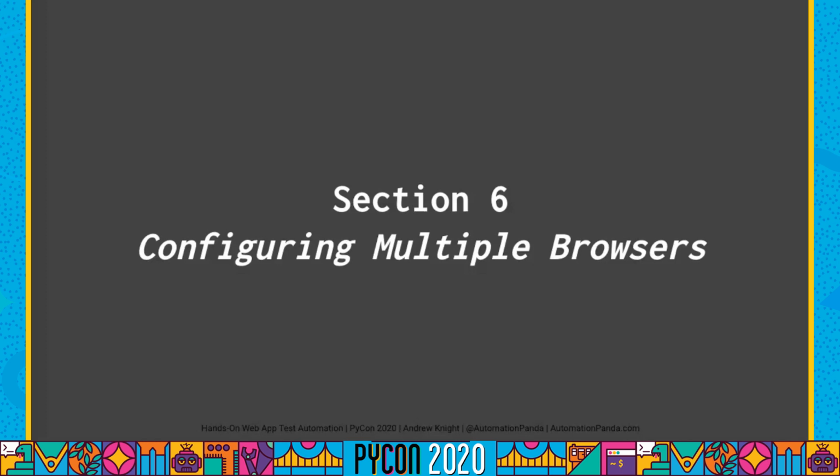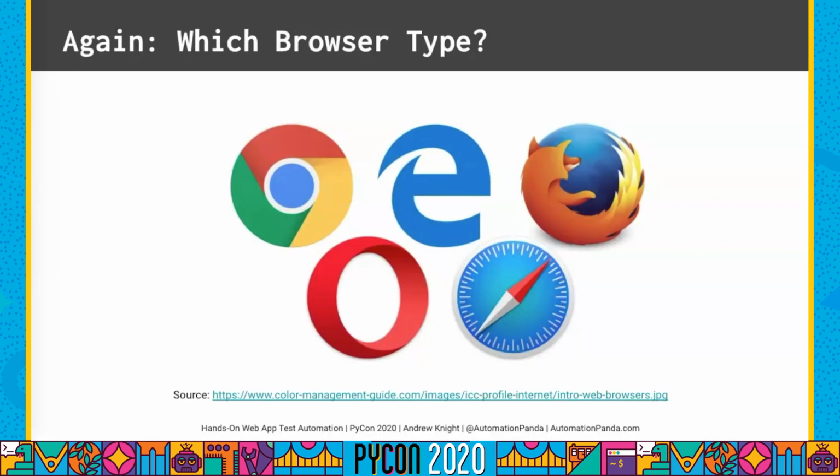Our basic test automation project is working, and that's great news. So let's plus it. Section 6, configuring multiple browsers. As we said before, Selenium WebDriver is compatible with all major browsers on all major operating systems.